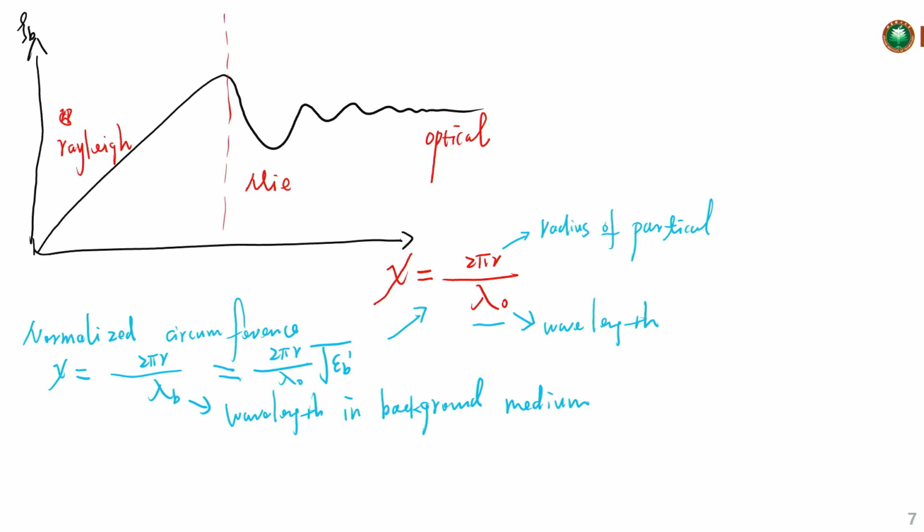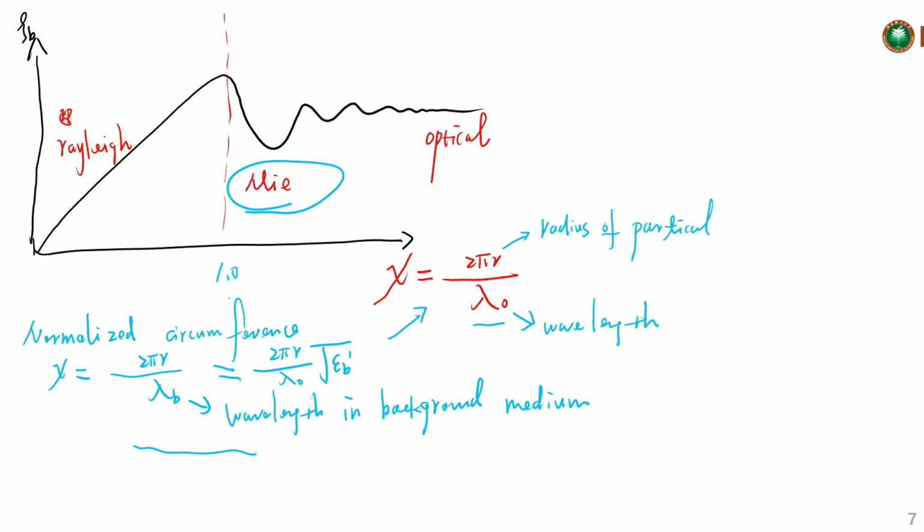Now, if we know these, we want to go further with the calculations. The first thing is we consider the Mie theory. For Mie theory, that means the separation point between Mie and Rayleigh is chi equals 1.